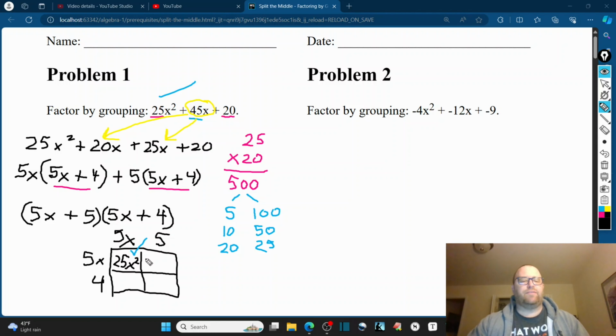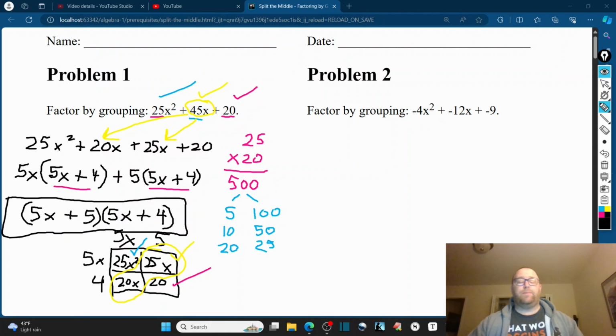Then if I do 5x times 5, that's 25x. 5x times 4 is 20x. And then 4 times 5 is 20. So the last term, 20, that checks with this term up here. And then if I want to look at these two, these are like terms, so I would add those together. They equal 45x, which checks with this one. So we have factored this, here's our factored form, correctly.